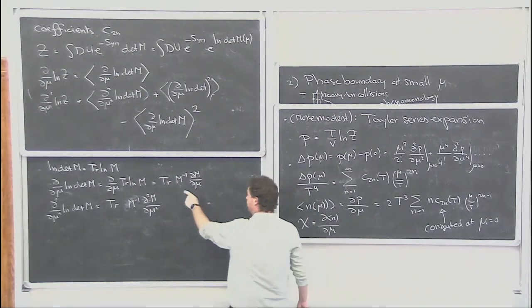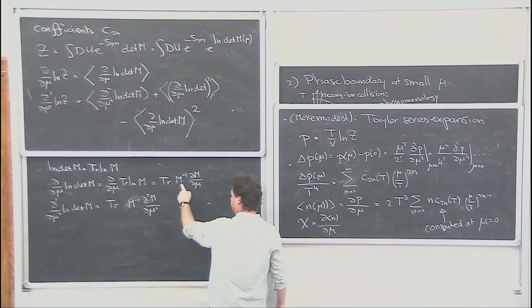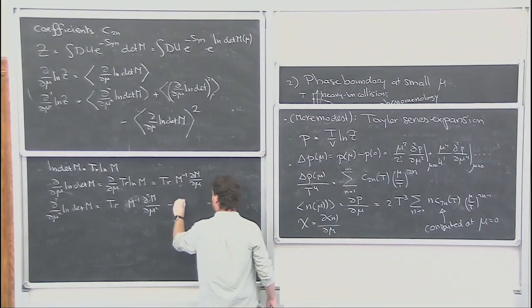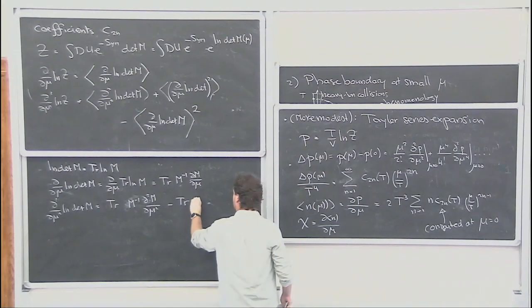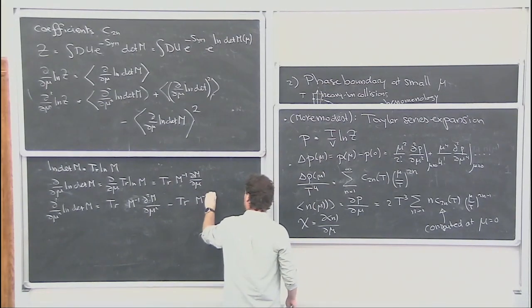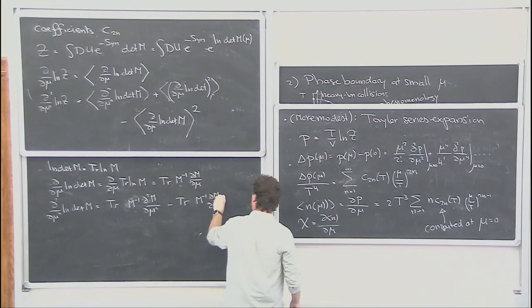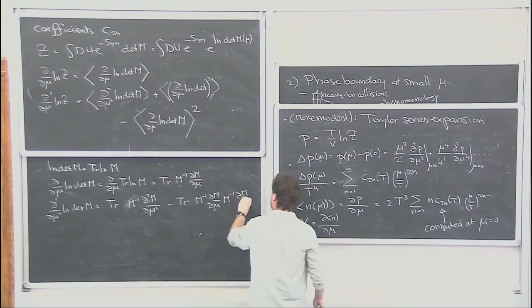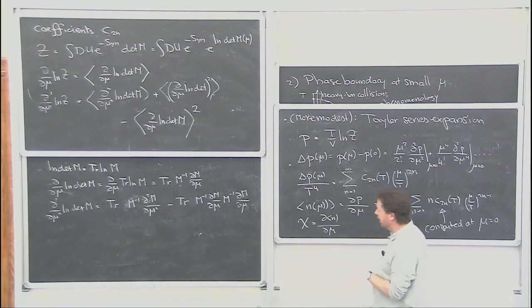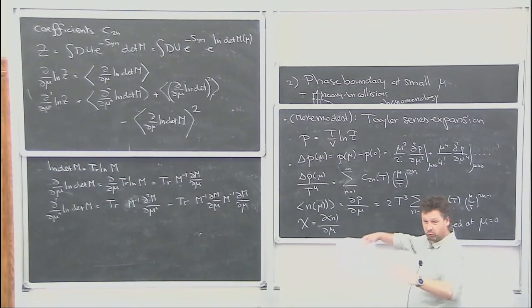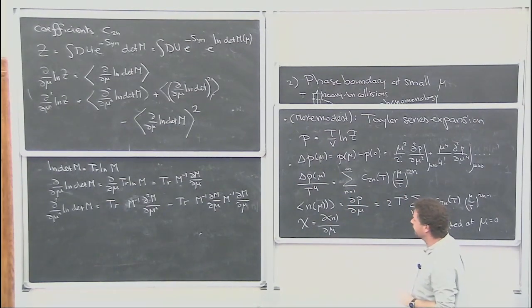Or I can differentiate this matrix, but I have to remember that there are matrices. So I get something that looks like M inverse dM by d mu, M inverse dM by d mu. So I'm using a kind of chain rule. And remember that the M are matrices, so I have to keep the ordering intact.